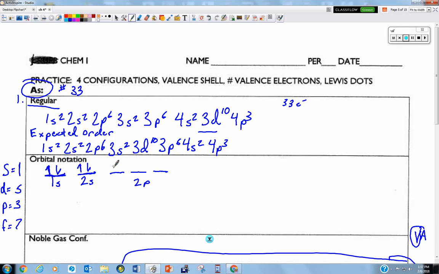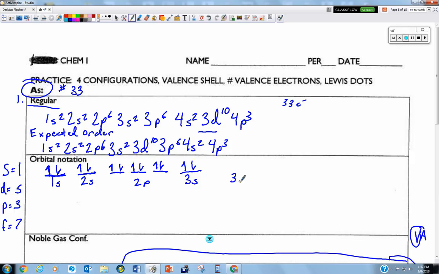And I have to fill them in order. I have 6, but just following the rules, I should do all of the ups first and then come back and do the downs. All right. After 2p6, we have 3s. We have one arrow going up, one arrow going down.